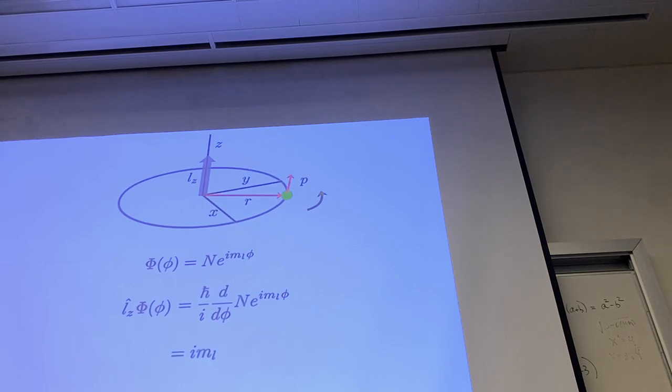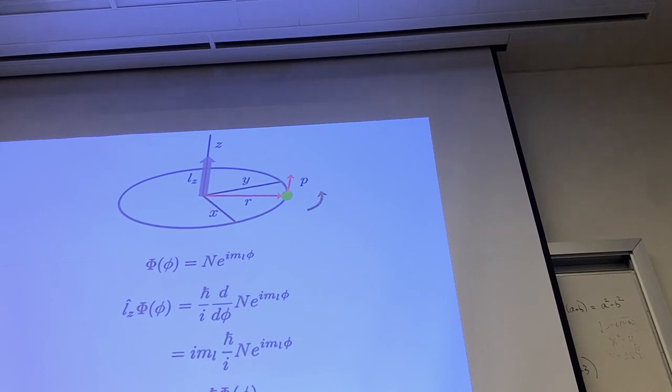And the constant is going to be i ml, times what I had before, h bar over i, that stays, and then the wave function again, which is simply N times the complex exponent. So the i's, the complex numbers, as the prefactors, will cancel out. You can see that, there's one numerator and one denominator. So what I'm getting is ml h bar, and then the wave function again.